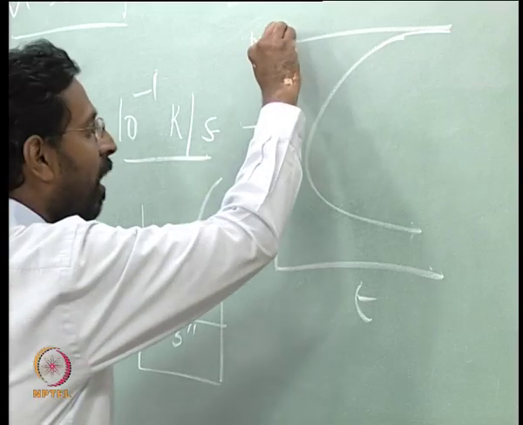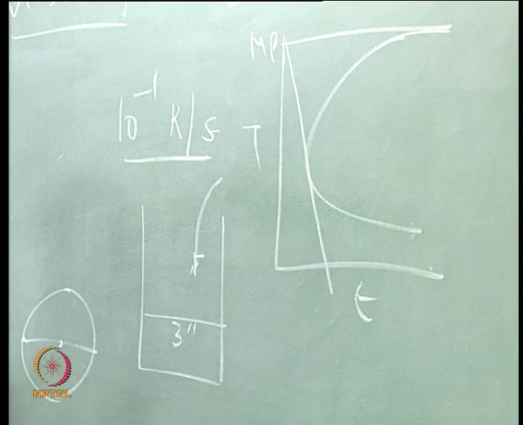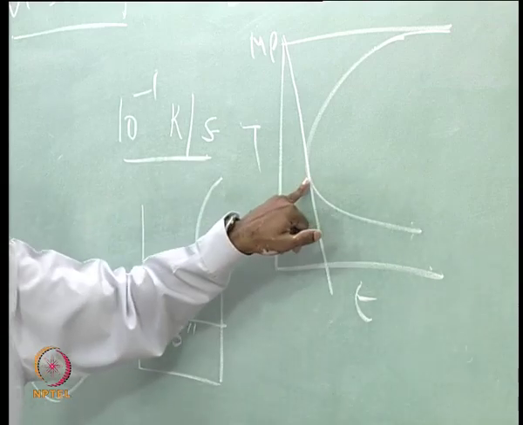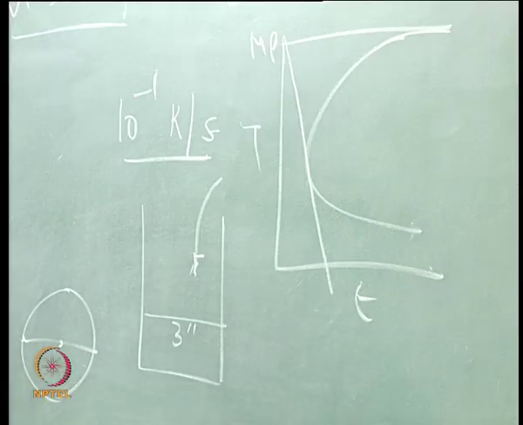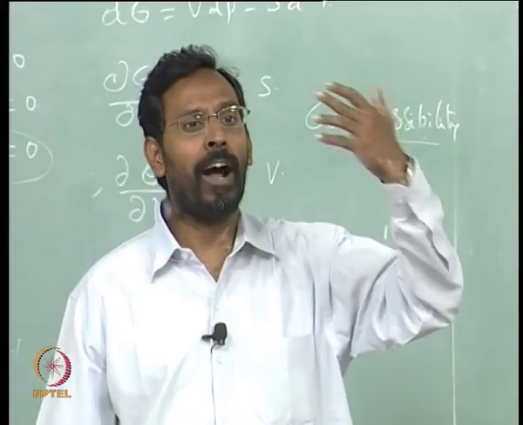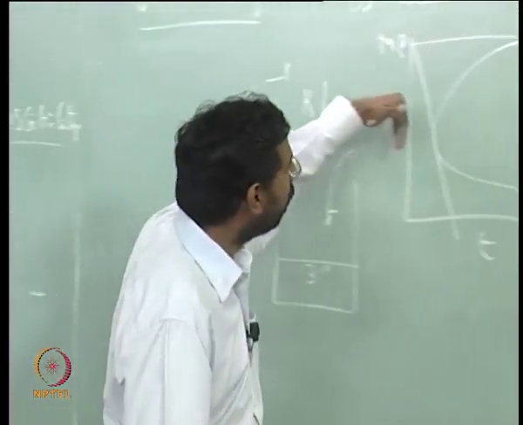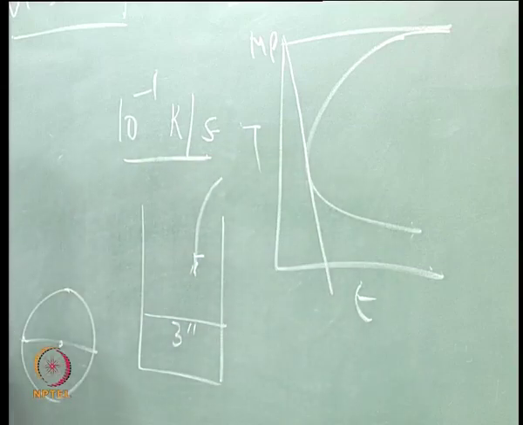And this critical cooling rate for a normal metal or a normal binary alloy, such as a steel, let us say, is so high that I need cooling rates as high as 10 to the power 6 or 10 to the power 8 Kelvin per second, and if it is a pure metal, I may even have to use 10 to the power 12 Kelvin per second to be able to avoid crystallization. And if I use such cooling rates, I can get a glass.